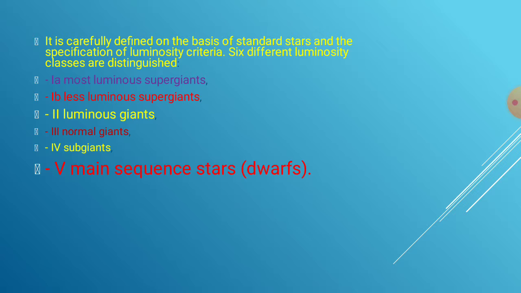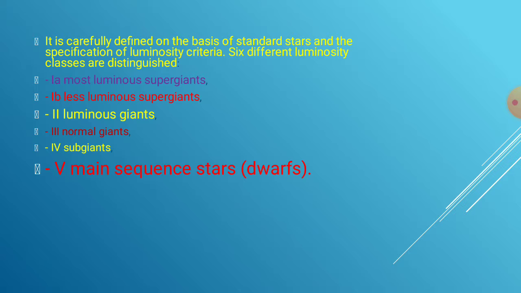But in Yerkes' case, the stars can be grouped on the basis of the luminosity and mass of the stars. According to Yerkes, the whole set of stars can be divided into 6 different luminosity classes.